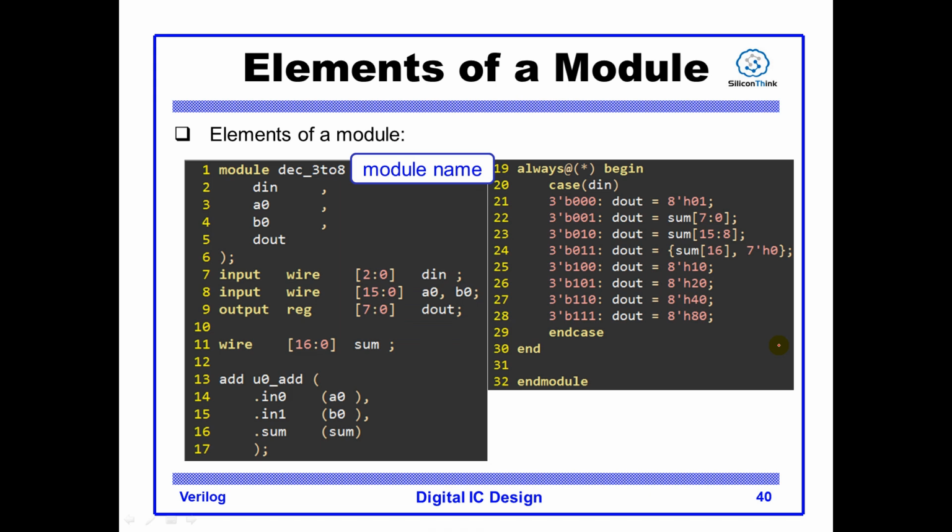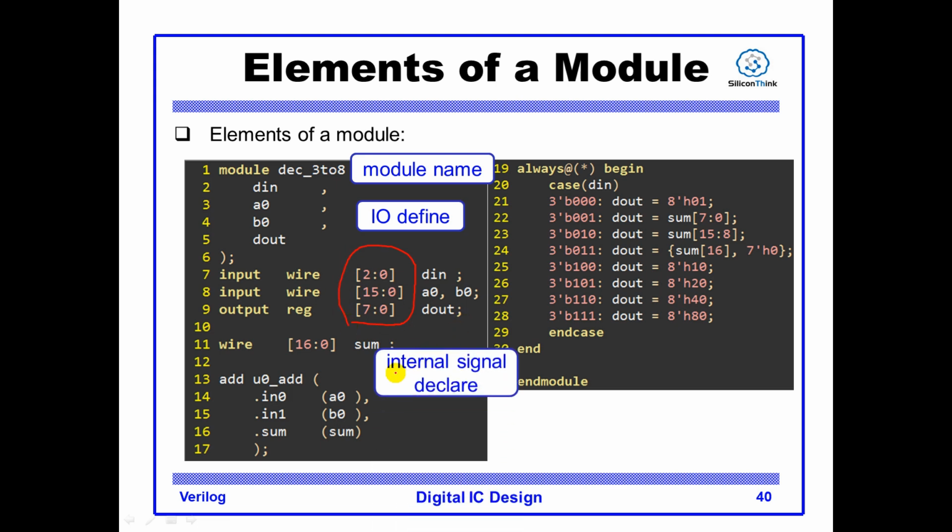Let's have a quick review. You have defined the module name and listed the I/O signals, defining the direction and signal type here. And if it's a multi-bit signal, you have defined the bit width of each signal.